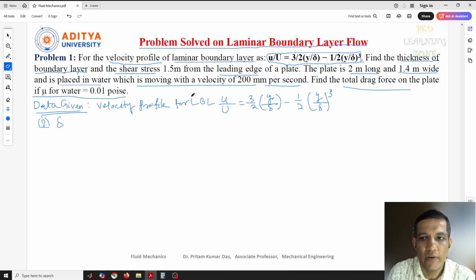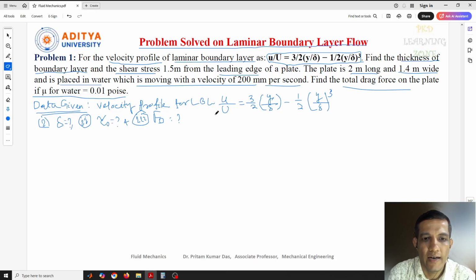Second, we need to find the shear stress tau naught, and the third one is the drag force. These are the three things we need to calculate.